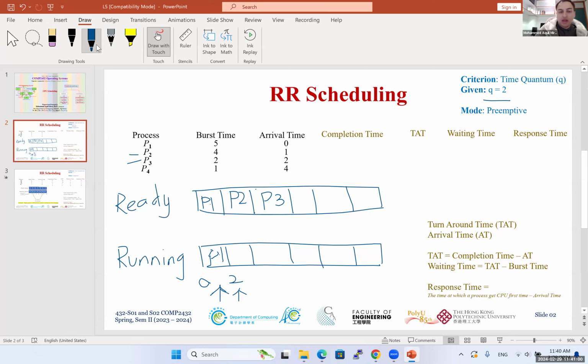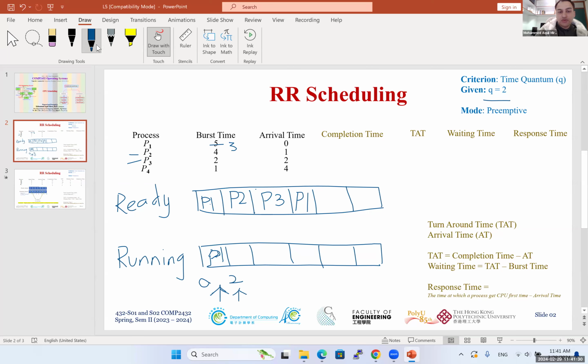Now, P1 got executed for 2 units of time, or 2 seconds, so the remaining time it needs is 3. So we put P1 again in the ready queue because it still needs CPU for execution.